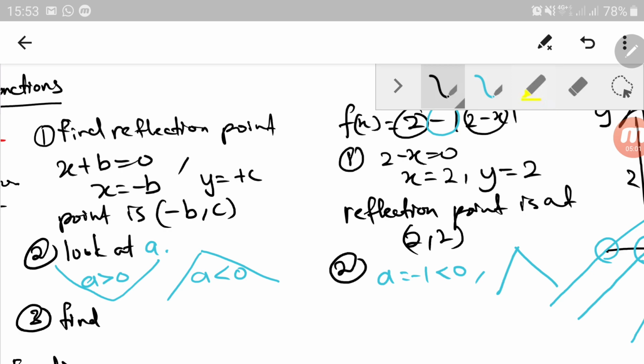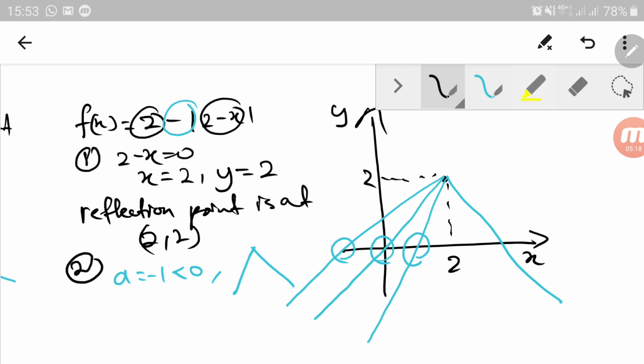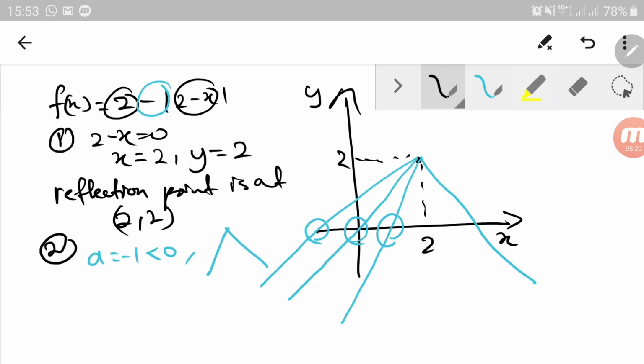Find the x-intercept or y-intercept if it's applicable. Because we have to sketch first and then we know whether it has an x-intercept or y-intercept. In this case we want to find the x-intercept. The x-intercept is when y equals 0.